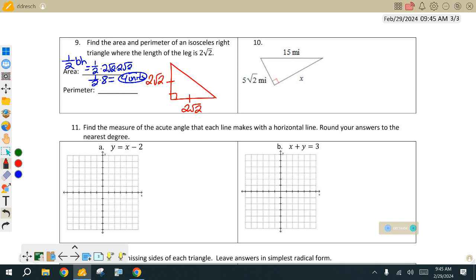How do we find perimeter? Add up all sides, right? Do I have all the sides? No. Go find me the third side. So 45, 45, 90. Let's use our reference triangle. Our reference triangle says what? Leg times root 2. What's my leg?